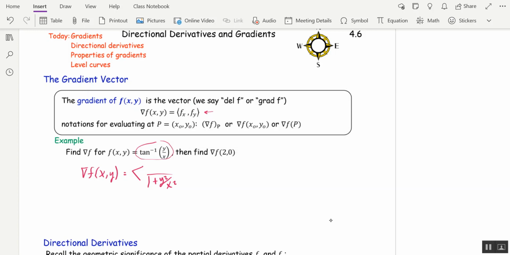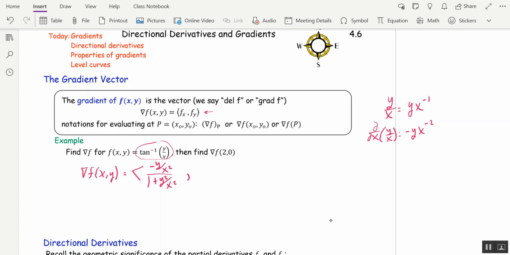So if we think of y over x, I'll do my scrap paper over here, y over x as y x to the negative 1. When we take the partial with respect to x, we get negative y x to the negative 2, which is negative y over x squared. So that's what I'm going to put in the numerator, negative y over x squared.